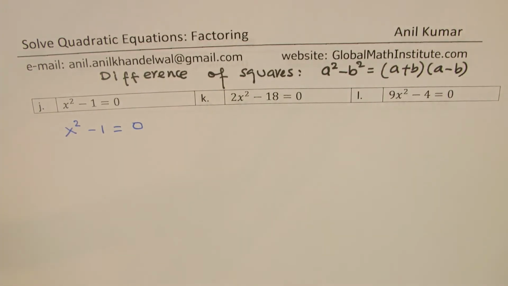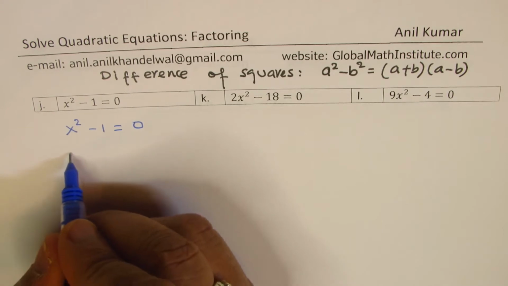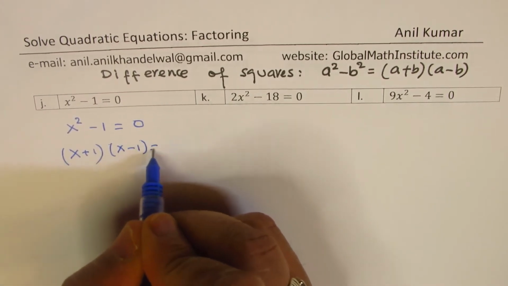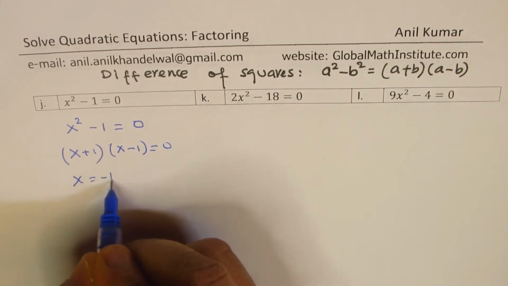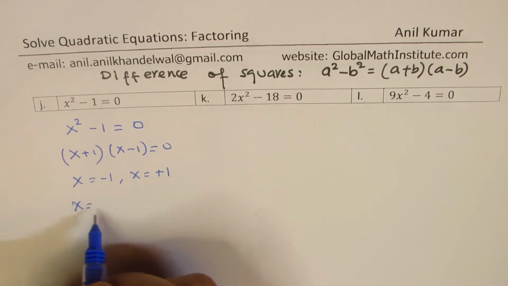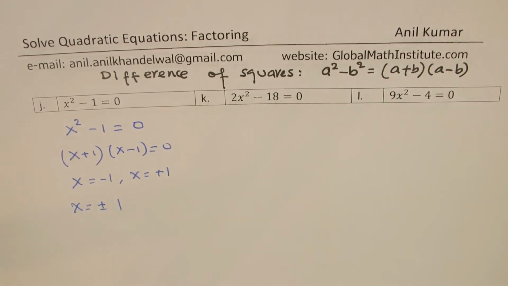That's the whole idea, right? So let's factor x squared minus 1 equals to 0. So we could write this as x plus 1 times x minus 1 equals to 0. That means x equals to minus 1 or x equals to plus 1 are the two solutions. So we could write x as plus minus 1, right?